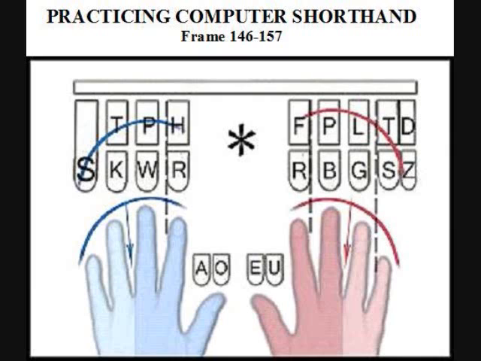Okay, frame 147, final RP: escarp, sharp, tarp, usurp.